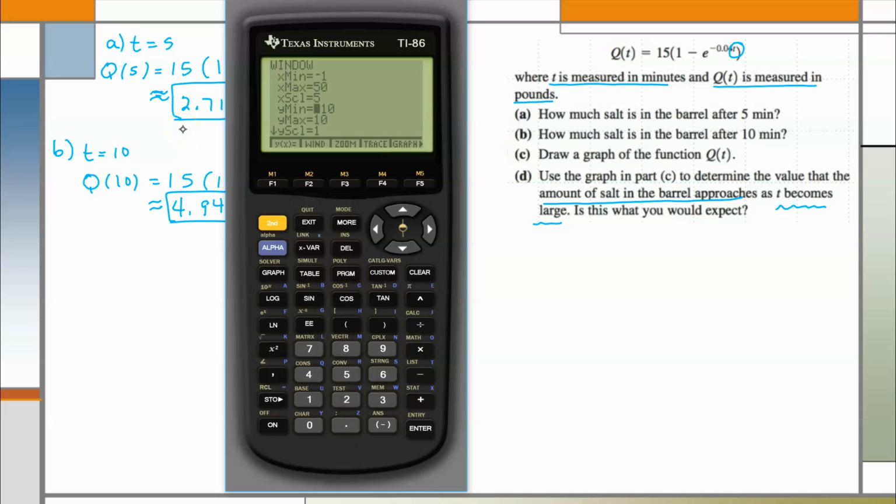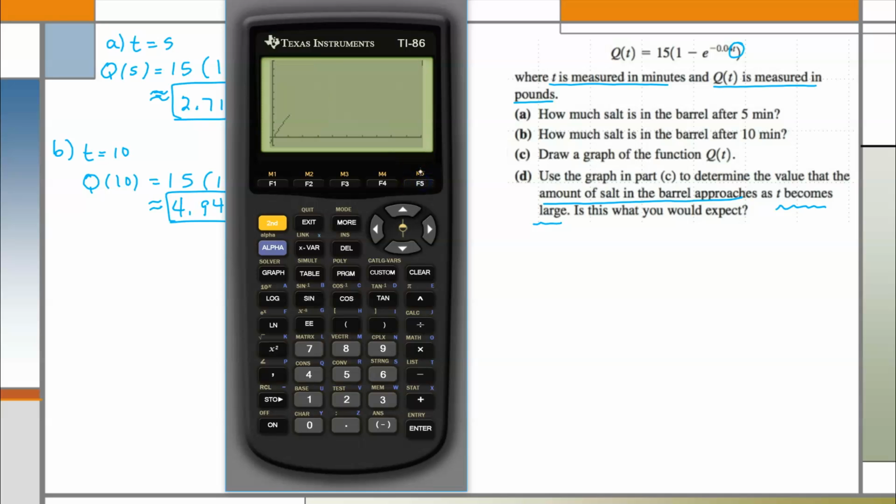If x is 5, y is almost 3. If x is 10, y is almost 5. Again, we can't have a negative amount of salt, but we want to see a little bit of that axis. So I'm going to start that at negative 1, and let's leave that at 10 and see what happens.